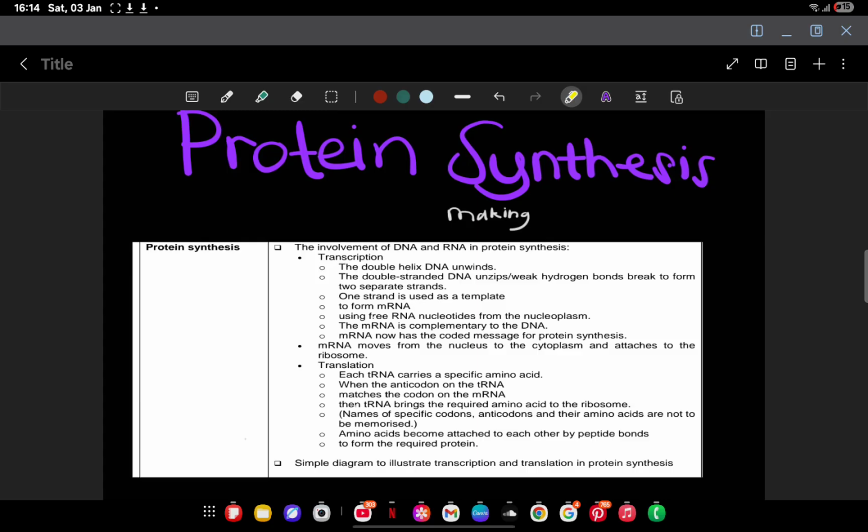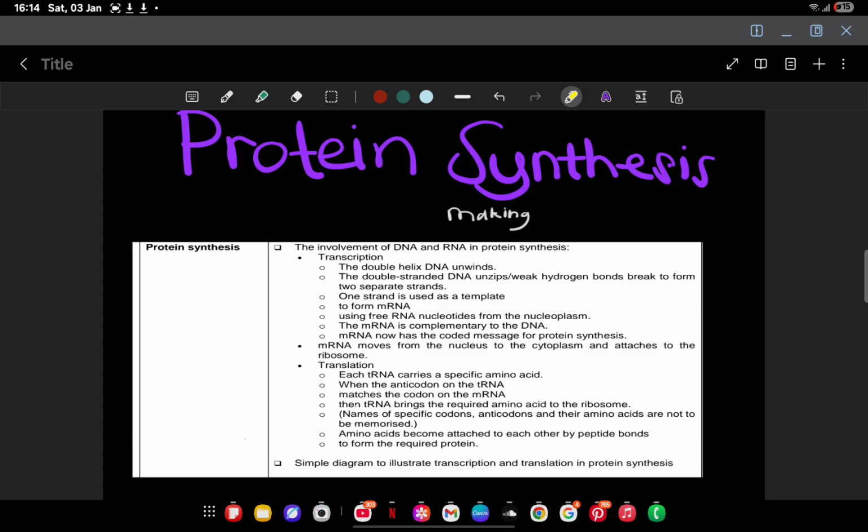Here the exam guideline states that in protein synthesis we are going to be looking at the involvement of DNA and RNA in protein synthesis. Protein synthesis is divided into two stages or two phases, being transcription and translation. We are going to talk about the involvement of both DNA and RNA in the two processes.